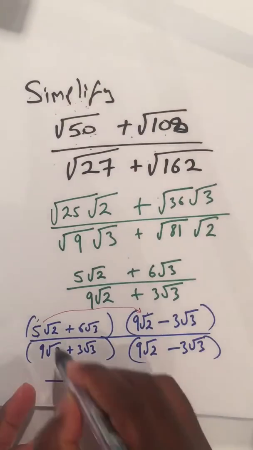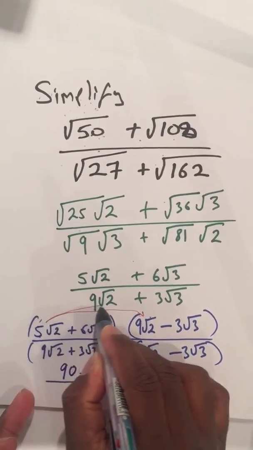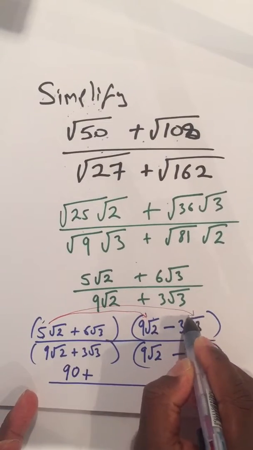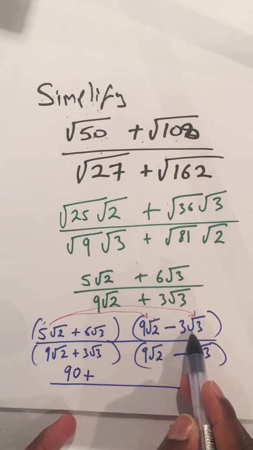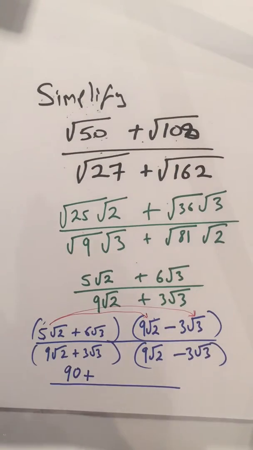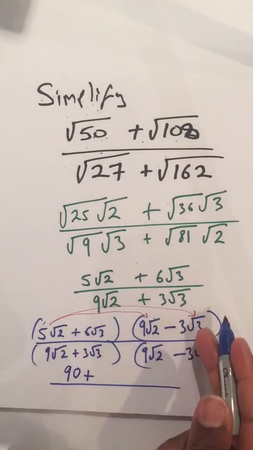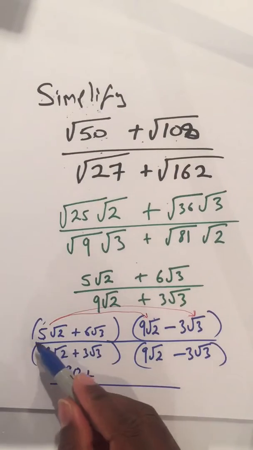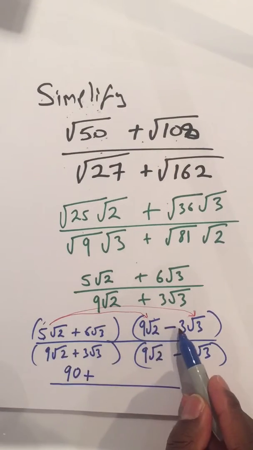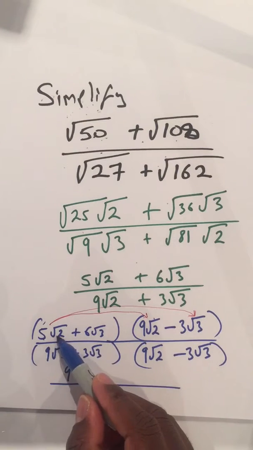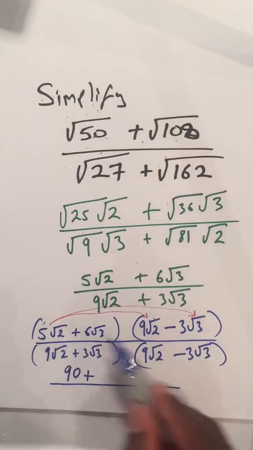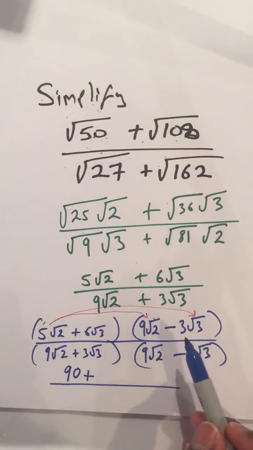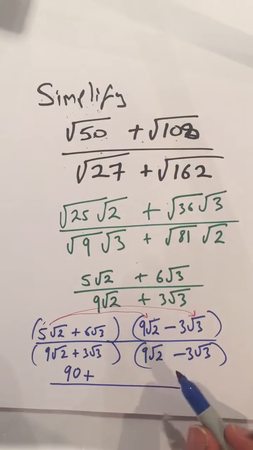Plus, we've just done first. Now we need to do outer. So that's this multiplied by the outer one as well. So that's 5 root 2 multiplied by negative 3 root 3. I know I've put a plus here, but the answer for that multiplication might end up becoming negative. 5 times negative 3 is negative 15. Root 2 times root 3 just is root 6. Why is that?